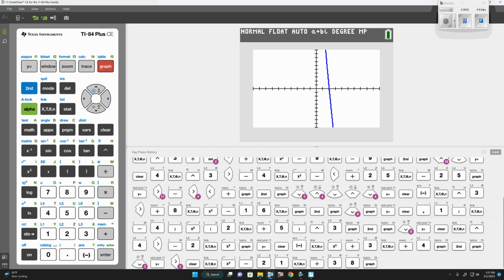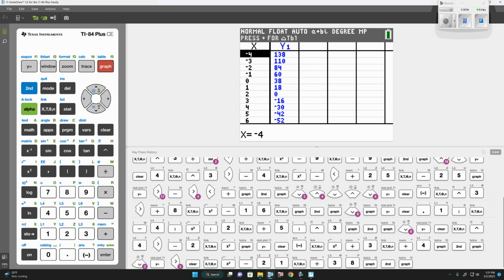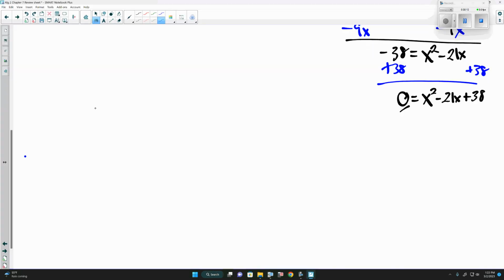So we do see that it crosses one time at 2, yes? Well, 38, what's the other factor with 38 that has 2? 2 and 19, yes? So by graphing, we can say x is equal to 2 and x is equal to 19.